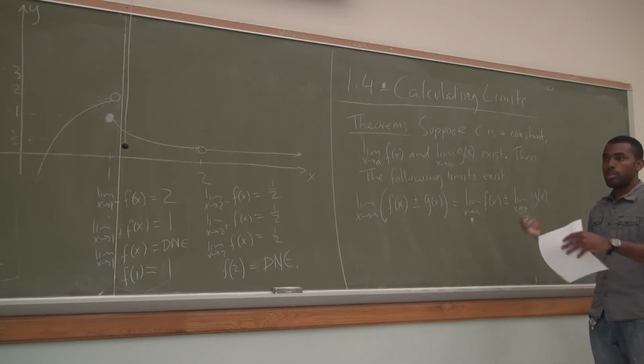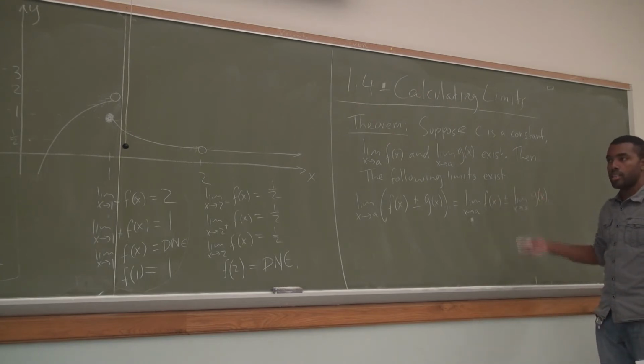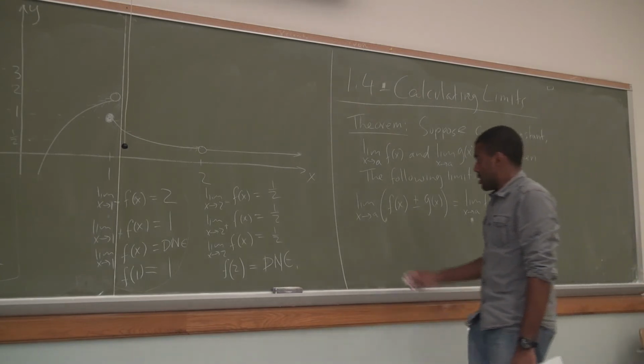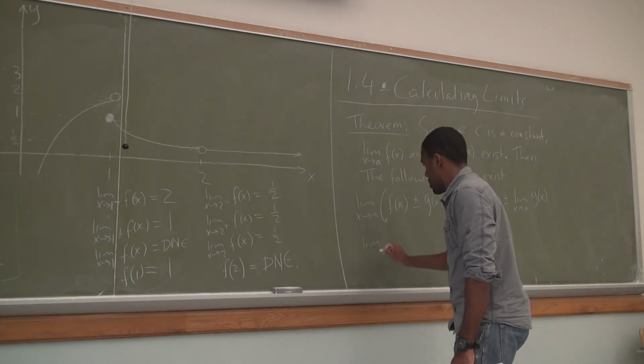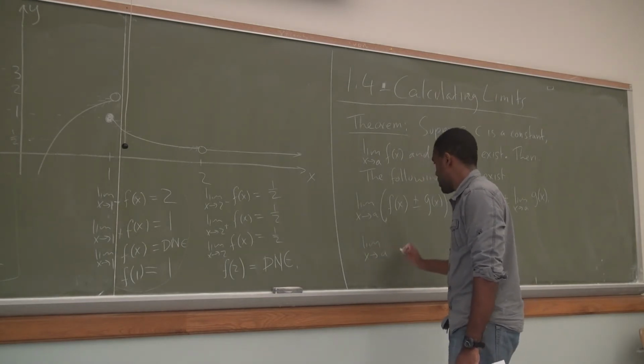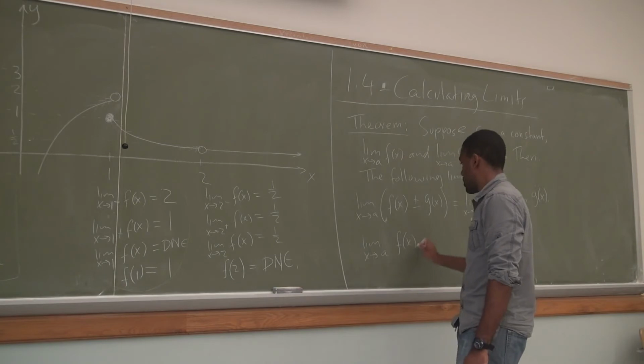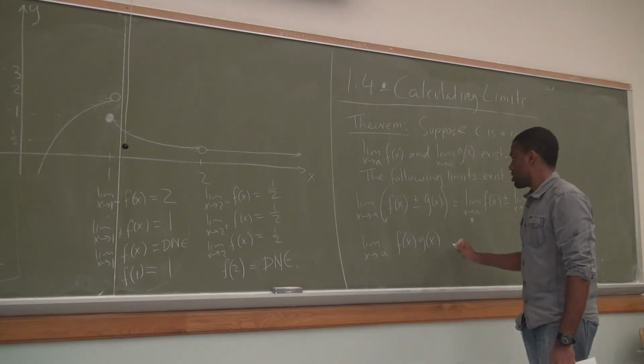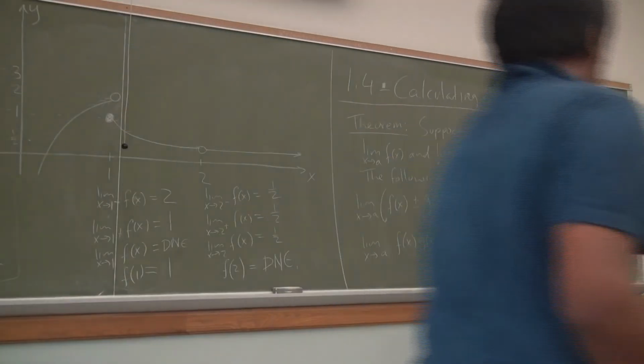So you can take the limit of the addition of two functions by just adding their limits. The limit of the product is equal to the product of the limits.